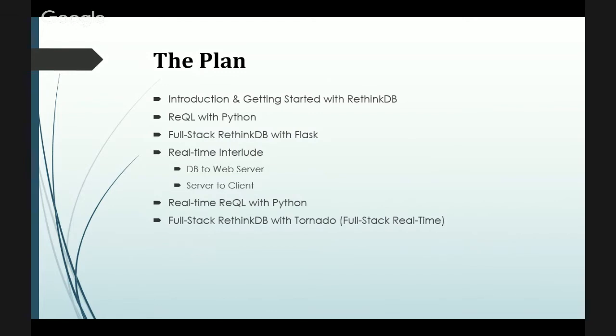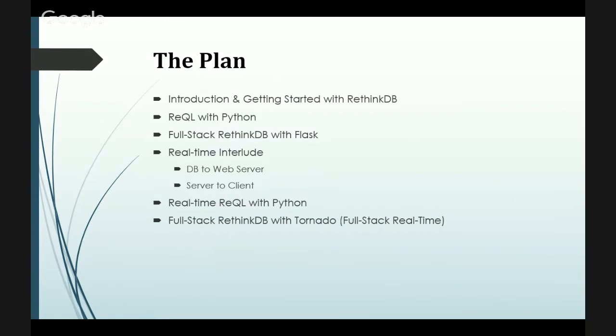And then really where RethinkDB shines is its real-time functionality. It allows real-time notifications from the database to the web server. So we'll talk a little bit about that, and about some of the solutions that are out there right now, especially on the full stack. There's Socket.io, and SignalR in the .NET world, where you can push stuff from the web server to the client side.